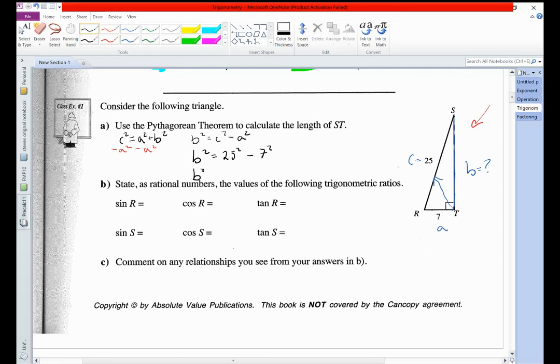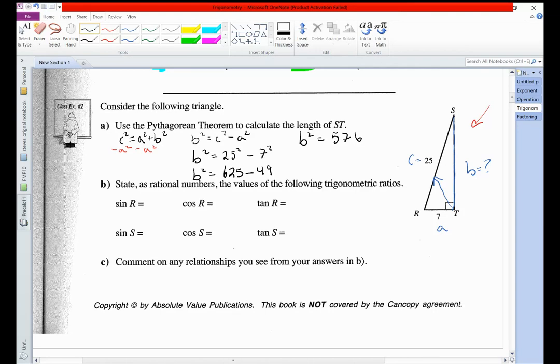So we know B squared is going to equal 25 squared, which is what, 625? 625 minus 7 squared, which is 49. So now we know that B squared is equal to 625 minus 49, which gives us 576.